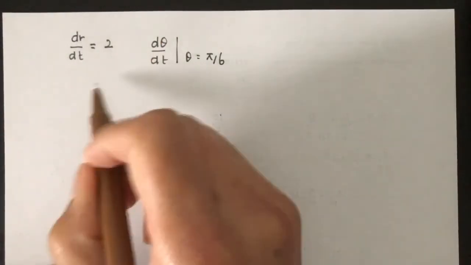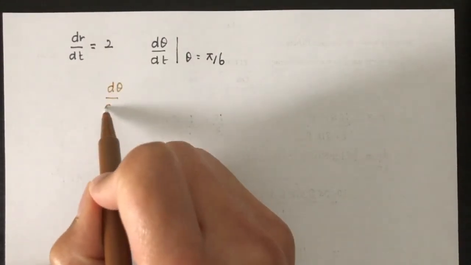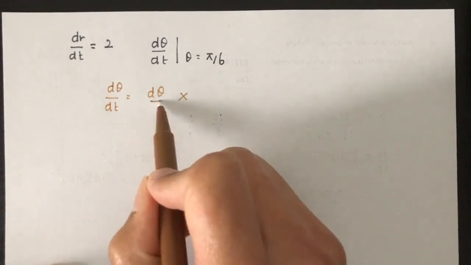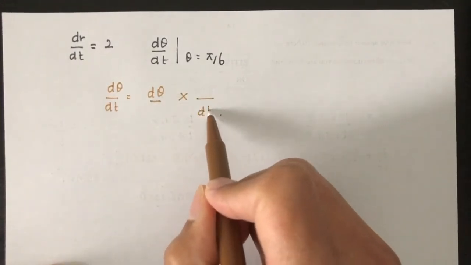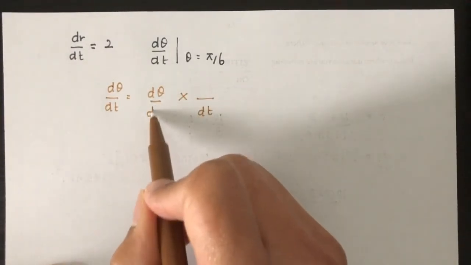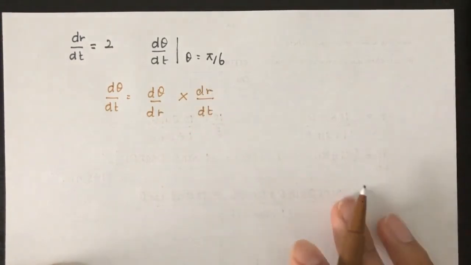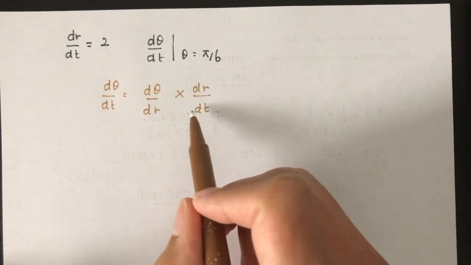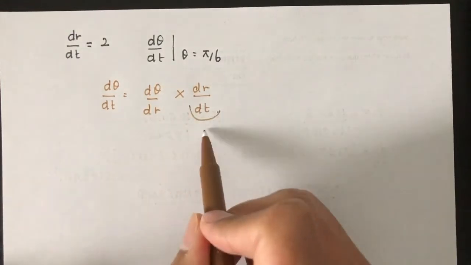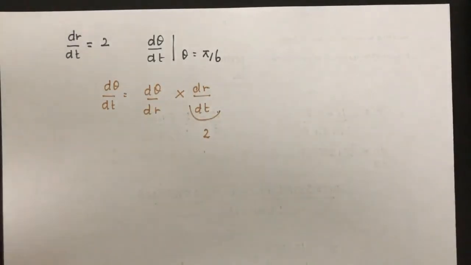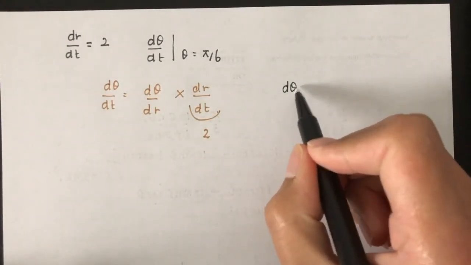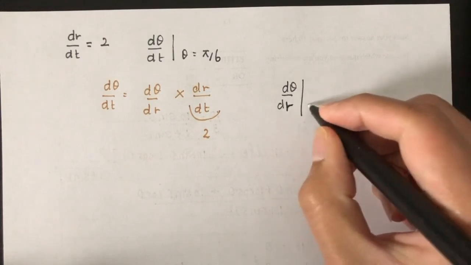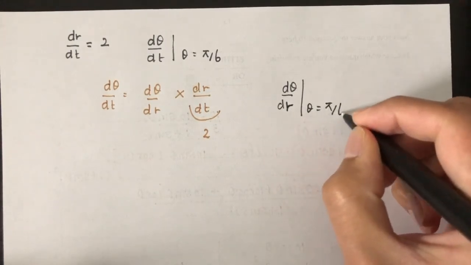So how do you find this? It is equal to d theta by dr times dr by dt, and those two will be related by dr. From dr by dt, we know this is 2, so we have to find d theta by dr at theta equal to pi by 6.